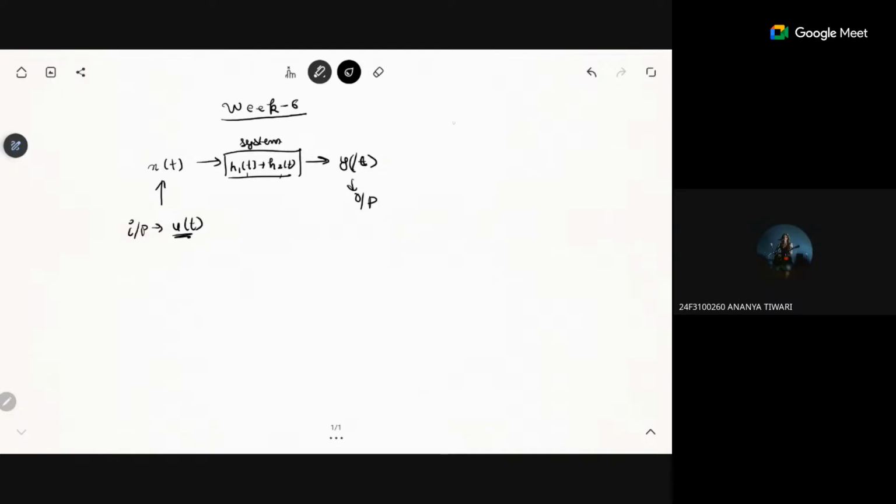Now you have h1(t) given as 2 delta(t) plus 2, and h2(t) as minus 3 delta(t) plus 1.